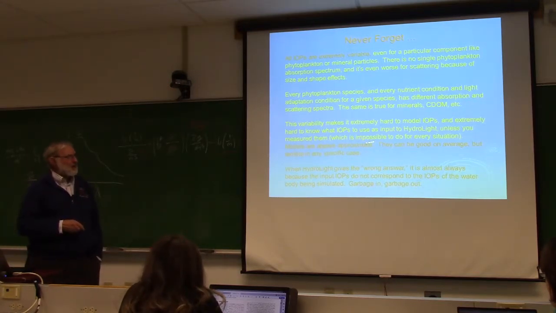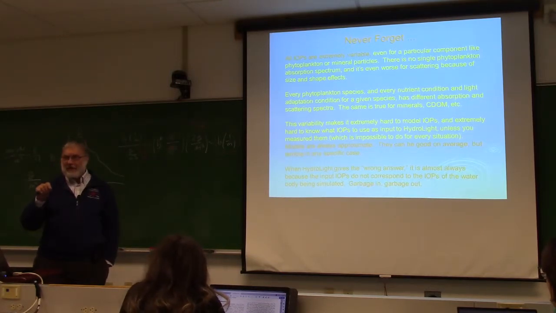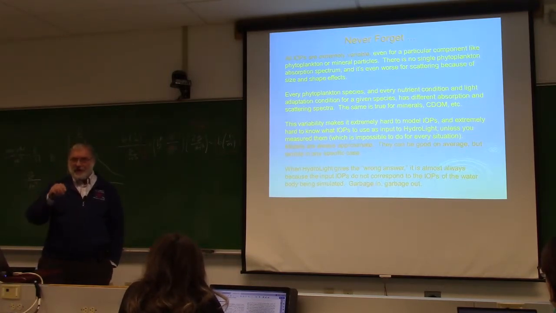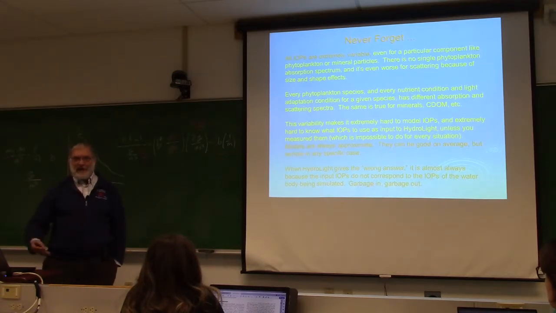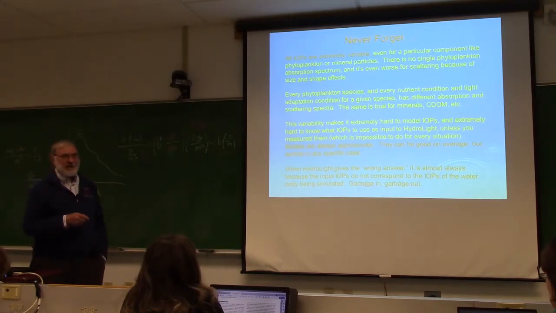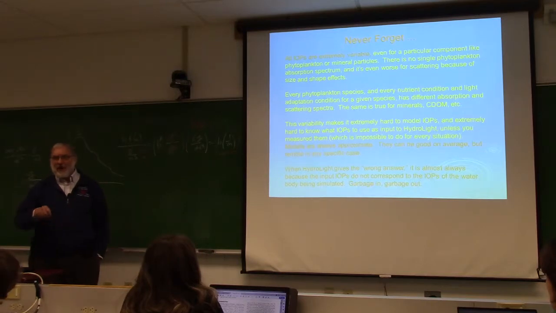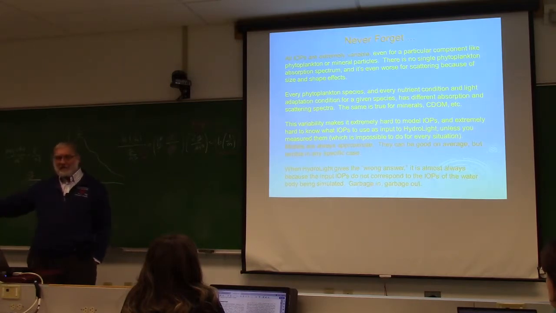And these models, there are dozens of them out there, they're usually pretty good on average, but really they're just best fits through a data set. So on average, they're fine, but there can be a lot of variability about those averages. And 20-something years of experience shows that when Hydrolight gives the wrong answer, it's almost always because you put in bad IOPs that do not describe your water body.